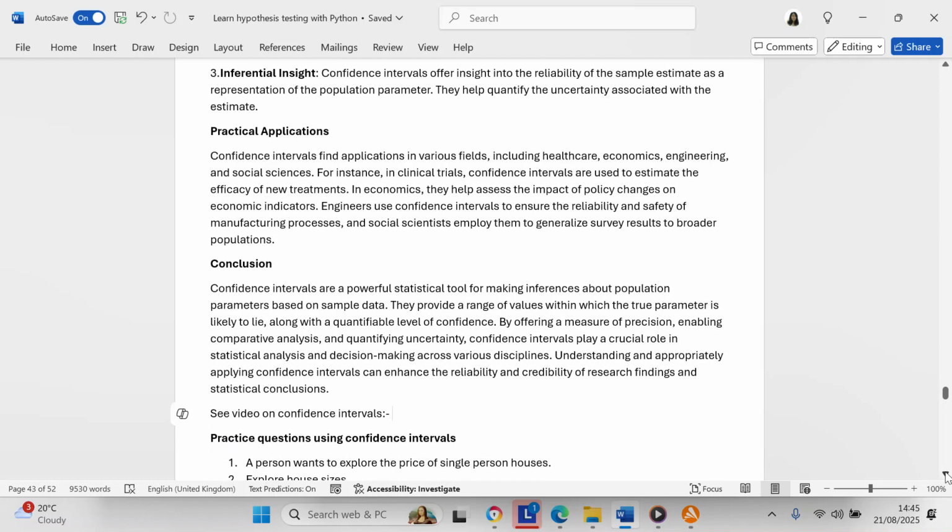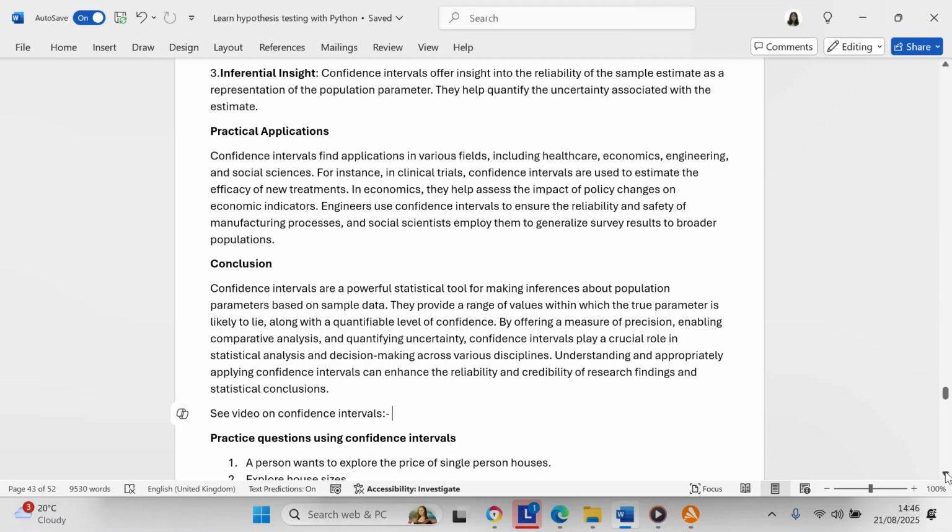And then you have practical applications. Confidence intervals find applications in various fields, including healthcare, economics, engineering, and social sciences. For example, in clinical trials, confidence intervals are used to estimate the efficacy of new treatments.